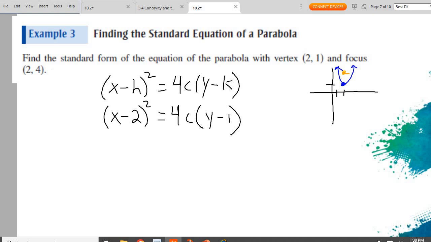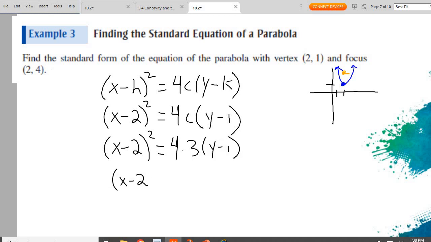No, like in general, what is our c value? Distance between the focus and vertex. Okay. So in this case, to go from 2, 1 up to 2, 4, we have to go 3 units. So we end up with x minus 2 quantity squared equals 12 times y minus 1.